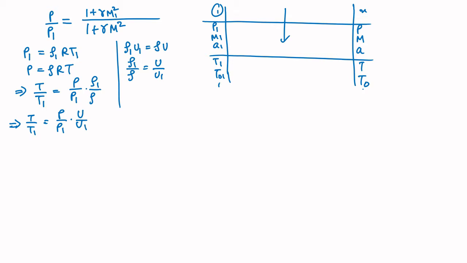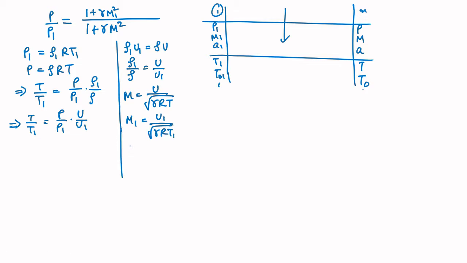Also, now you can replace this U with Mach number, but when you bring in Mach number, there will be additional temperature that comes. So as you know, M is equal to U divided by root over gamma R T, and M1 is equal to U1 divided by root over gamma R T1.